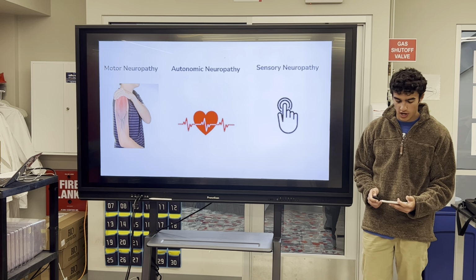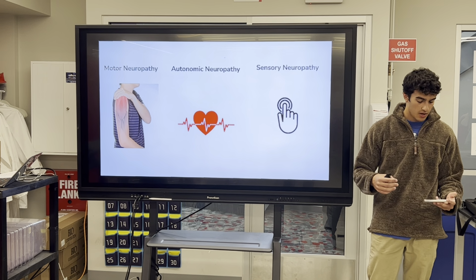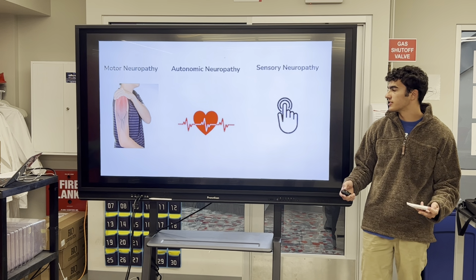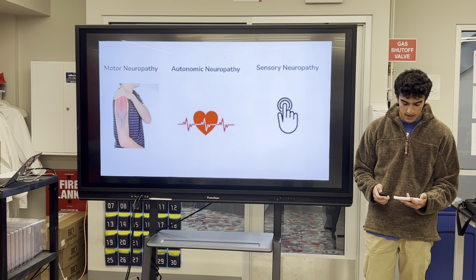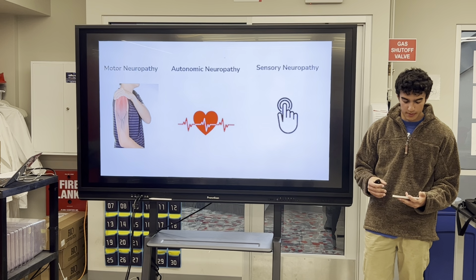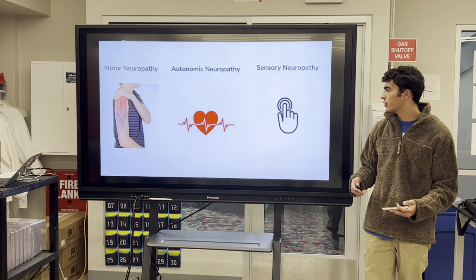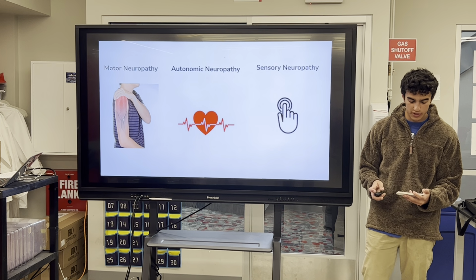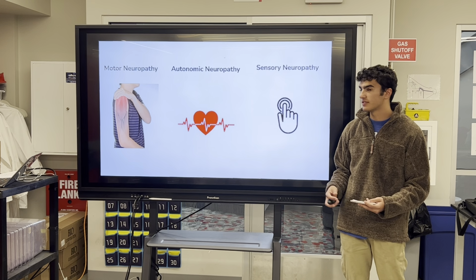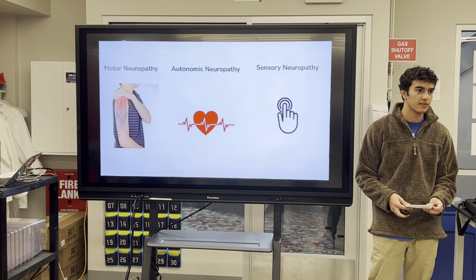Sensory neuropathy is caused by damage to nerves that control what you feel, for example, feeling pain or sensing temperature or just feeling a light touch on the body. So people suffering from sensory neuropathy may experience tingling, numbness, or reduced perceptivity. For the sake of this study, we will only be focusing on sensory neuropathy since the bumps test is used to isolate this symptom as a means of diagnosis.